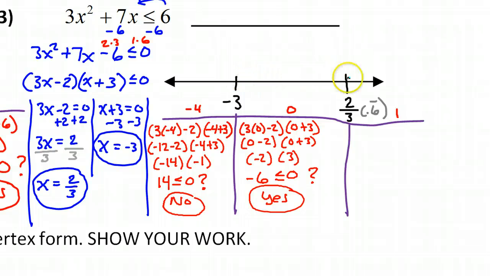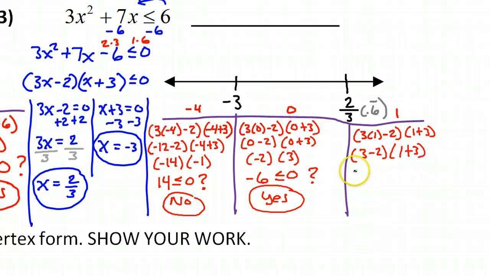And finally, I will try a value of 1. So this would become 3 times 1 minus 2, I'm just plugging it in, and 1 plus 3. So 3 times 1 is 3, so that'll be 3 minus 2 times 1 plus 3. 3 minus 2 is 1, so that'll just be 1 times 4, which is 4.